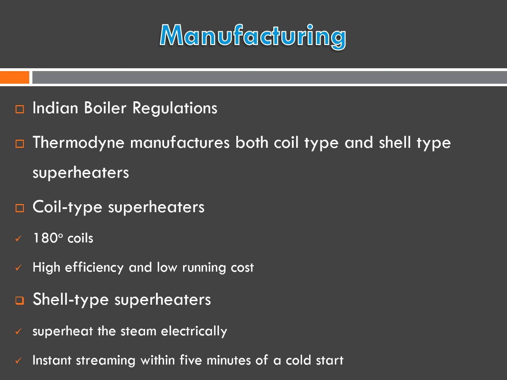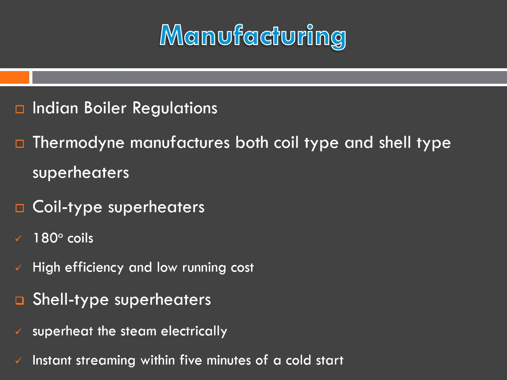Second point, Thermodyne is the world's largest manufacturer of rugged customized shipping cases. It has become an industry leader by providing exceptional protection, especially during manufacturing of the coil type and shell type superheaters. There are two types of superheaters, the coil type and the shell type. Coil type generally consists of 180 degrees of coils welded through the headers on both sides.